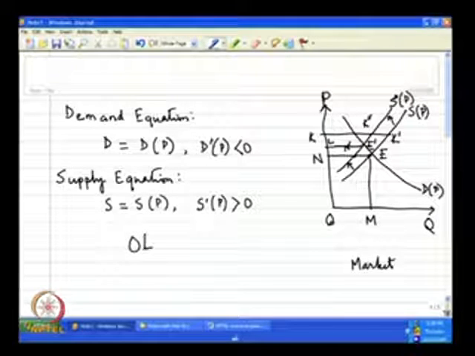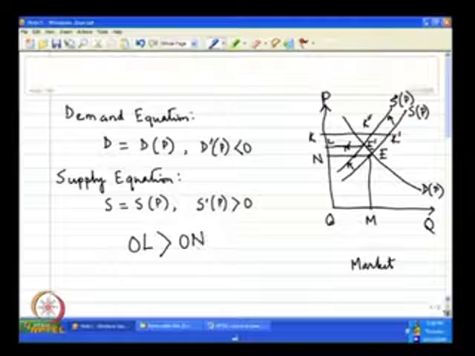OL is higher than ON, that is, the new price is higher than the old price, because the supply has gone down, because the suppliers have exported more goods to the foreign market and sold fewer goods in the domestic market. So through this model you can see that real life incidents, real life phenomena, can be represented through conceptual tools like geometric tools or mathematical tools.